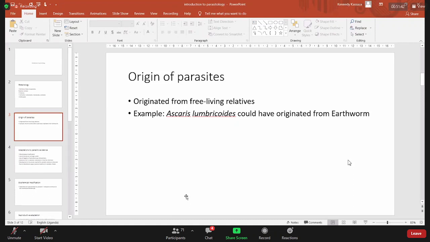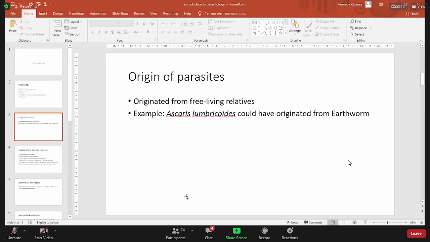Let us look at the origin of parasites. It is thought that at the beginning, all organisms were free living, so they could look for their own food. And then they evolved into parasites.